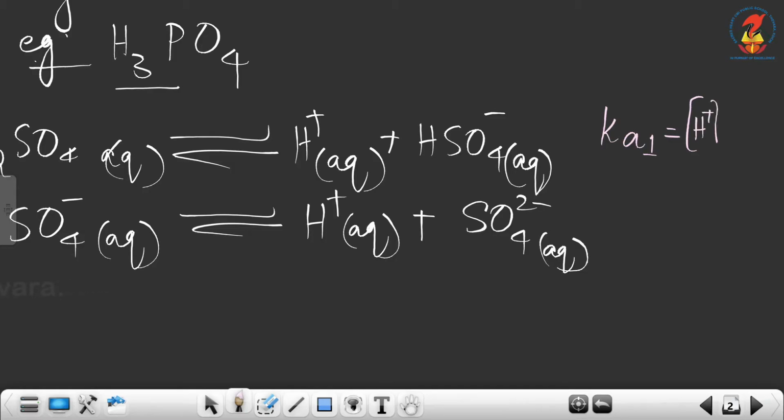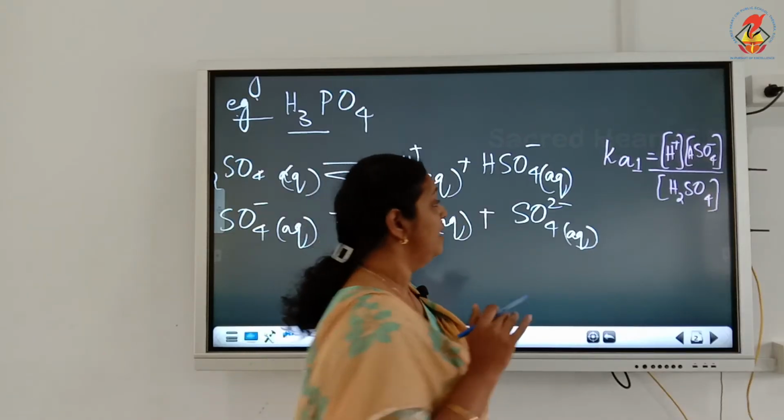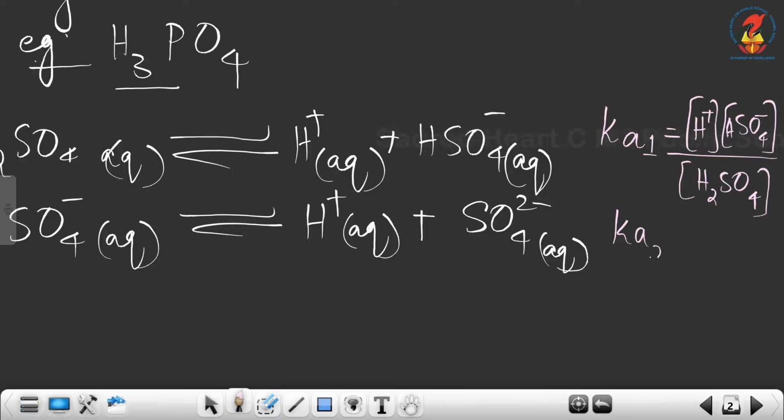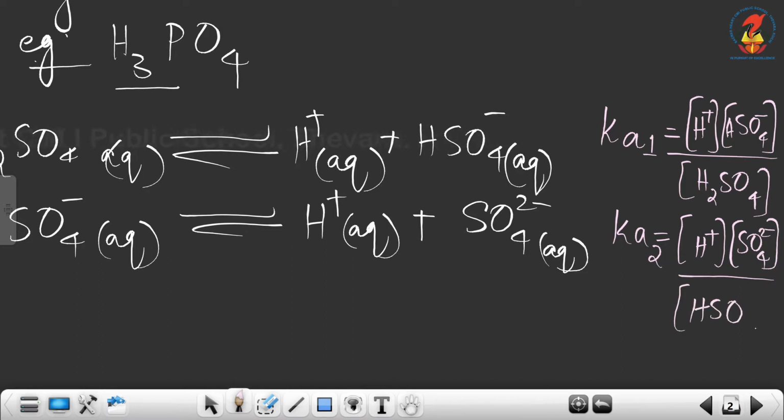Ka1 will be the concentration of H+ times the concentration of HSO4- divided by the concentration of H2SO4. For the second step, I can write Ka2. The expression is the concentration of H+ times the concentration of SO4 2- divided by the concentration of HSO4-.